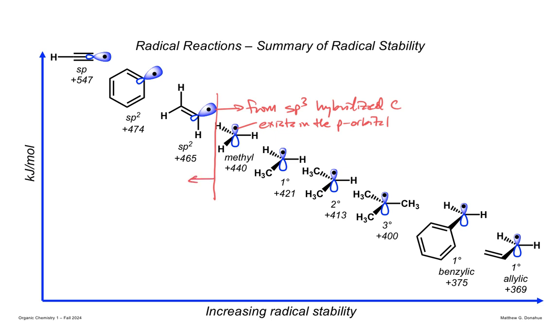So to the left, what I just underlined is telling you the radical now exists in an sp2 orbital or an sp orbital. And that helps explain why it's higher in energy.